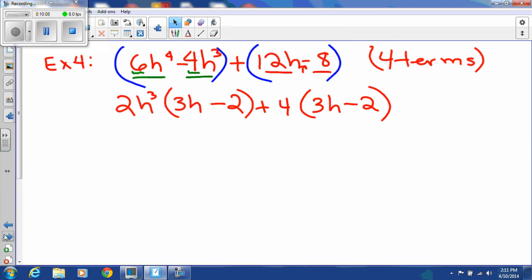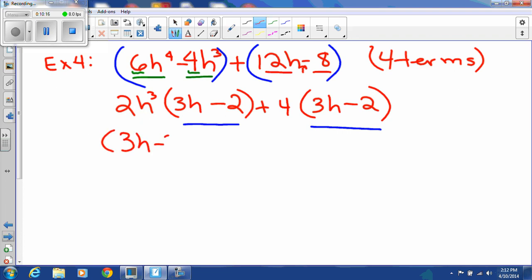Now, when I look at this, I see I have a common factor of 3h minus 2. That's going to go in front. What's left? After I divide the first term by 3h minus 2, I have 2h cubed left plus 4. So this is my factored form.